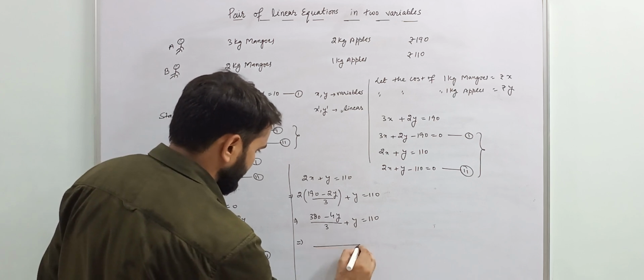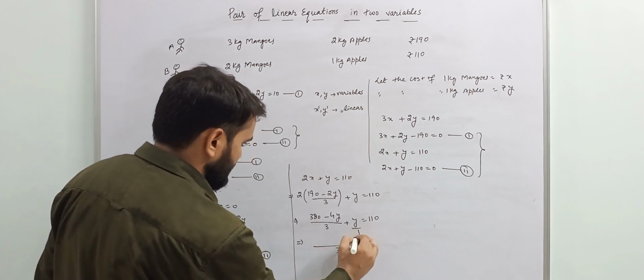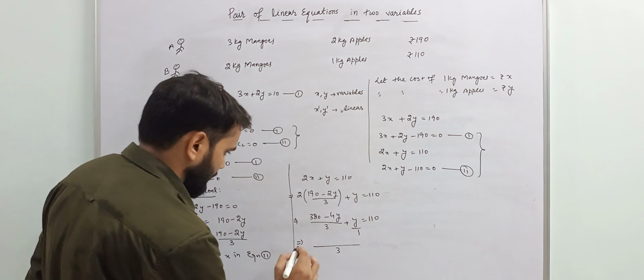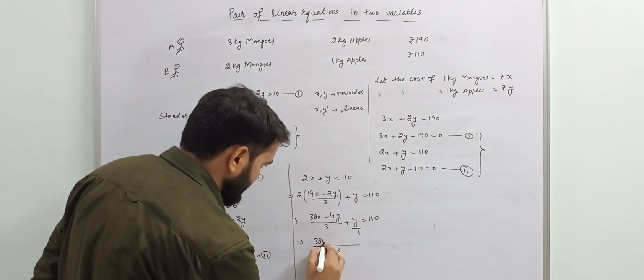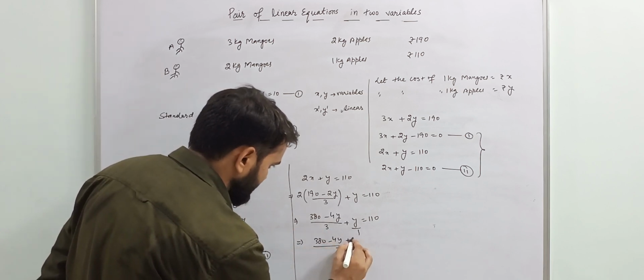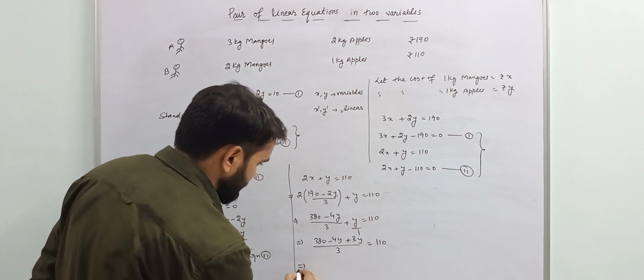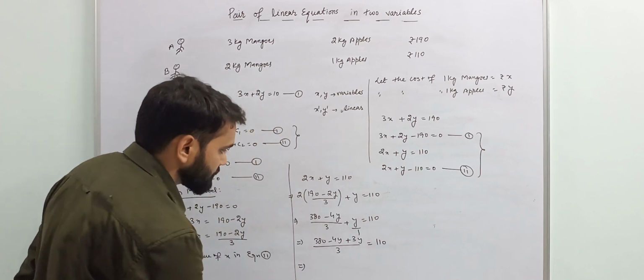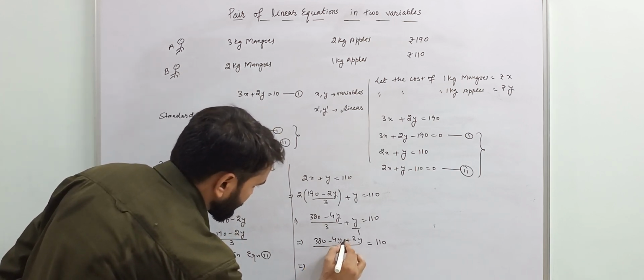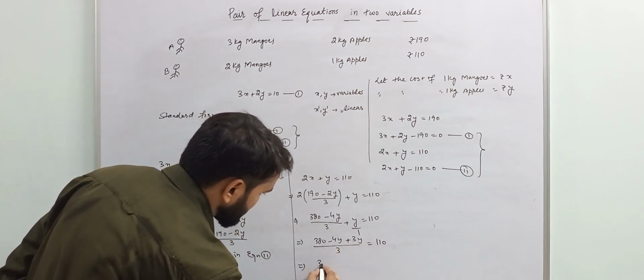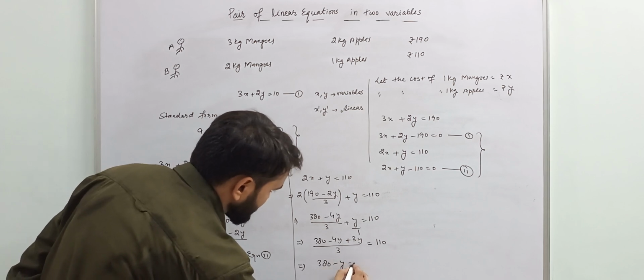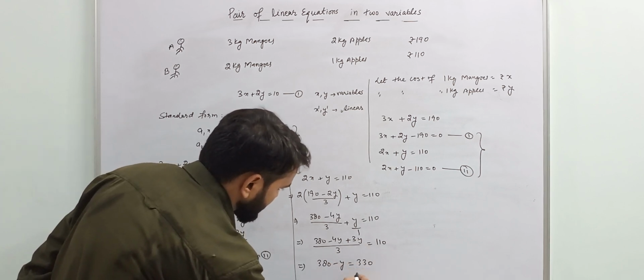From here I can take the LCM of these two fractions. So 380 minus 4y plus 3y is equal to 110. From here 3 is multiplied to the 110, and minus 4y plus 3y is minus y. So 380 minus y is equal to 330.